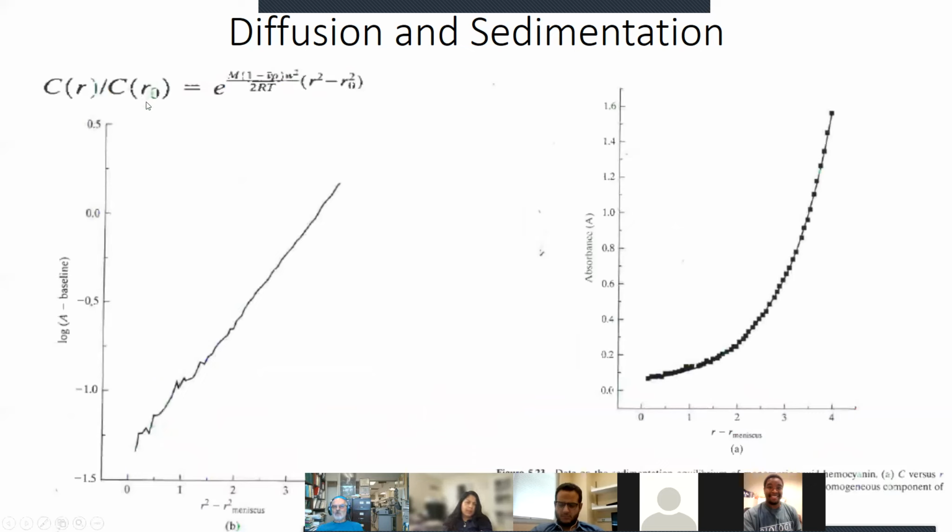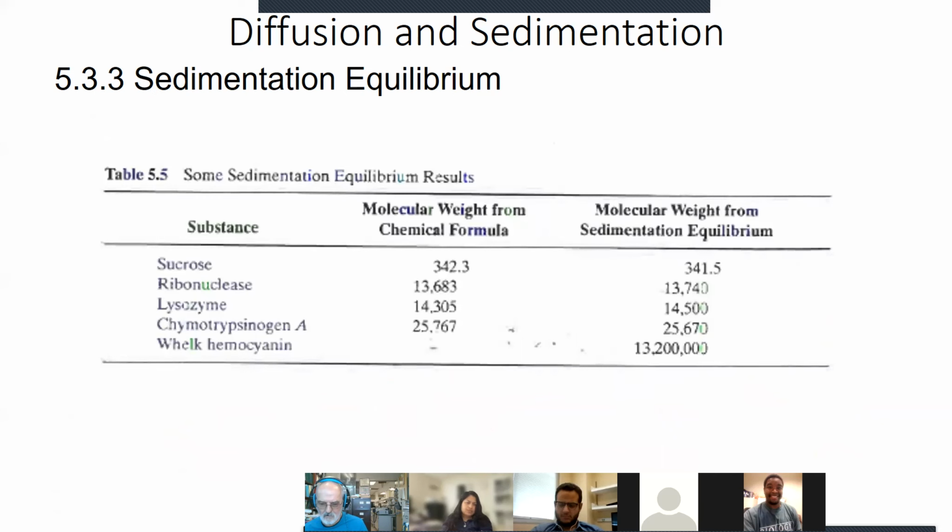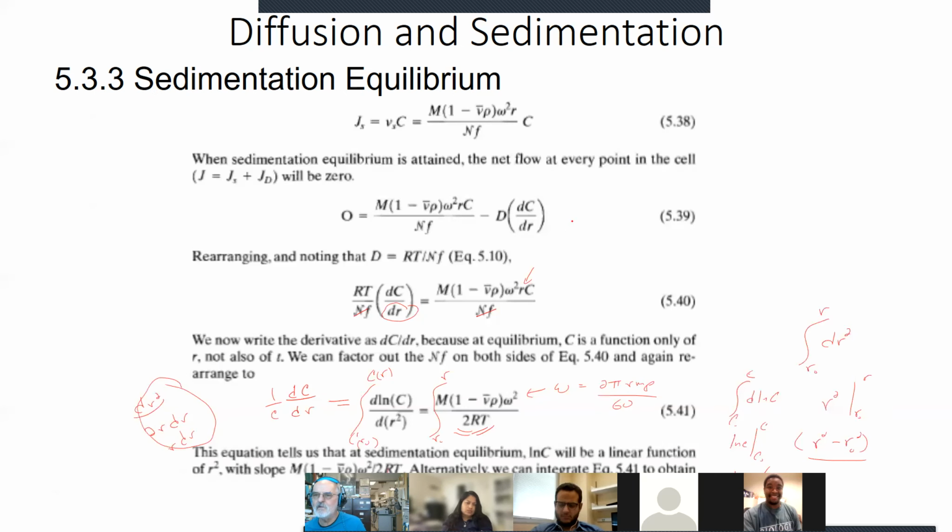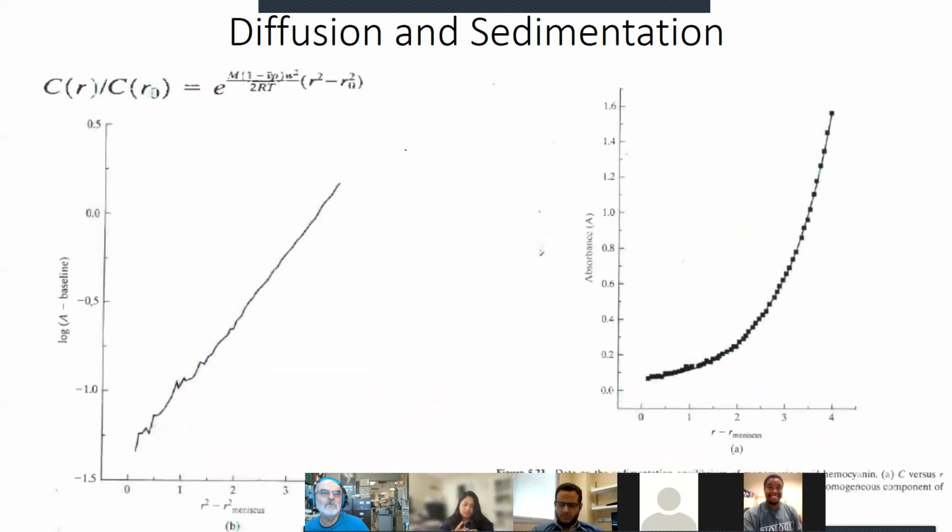And then we usually raise it to the power of e. When you take e to the natural logarithm of C over C0, that ends up being C over C0. This is the opposite function, right? And then you take e raised to the power of everything on the right here. And so that's where you get M1 minus v bar rho omega squared over 2RT times this term.